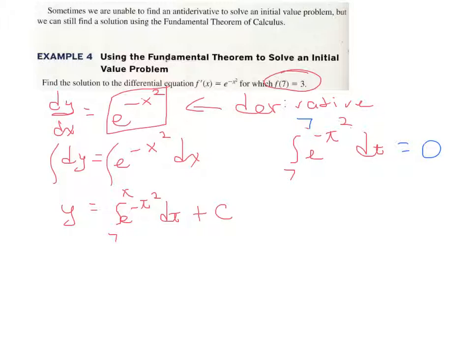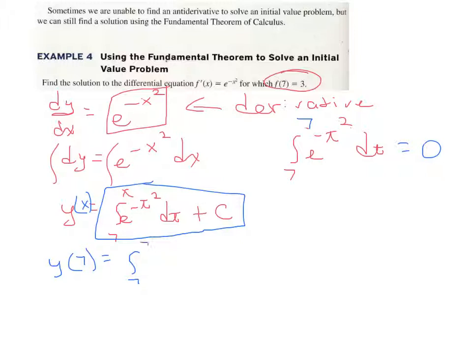So if I have this function as my solution, when I plug in 7 for x, I'm saying that this is y of x, when I plug in 7, I would get the integral from 7 to 7 plus c. But I need that to equal 3, and so c is going to be 3.